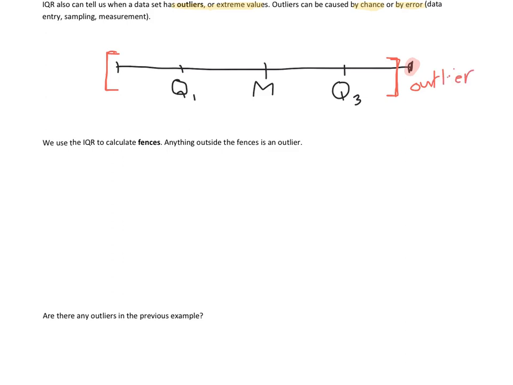All right, so let's see how we calculate the fences. We have two fences, our lower fence and our upper fence. And the formulas are very similar. So here we start with Q1 for our lower fence, and we subtract 1.5 times the IQR.